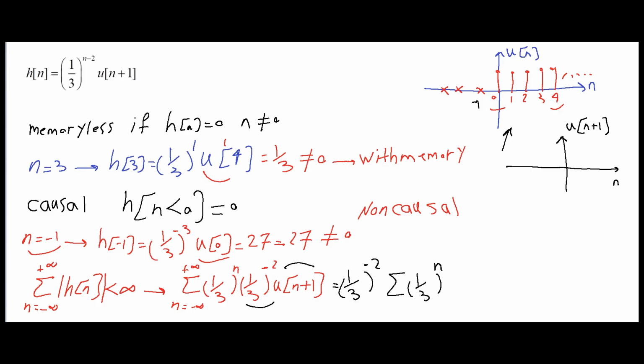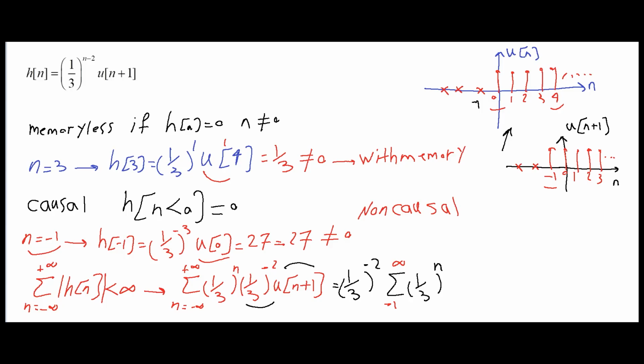That means it becomes 1 starting from n equals -1. And before that, it is 0. So instead of starting the summation from minus infinity, we can start from n equals -1. Therefore, the summation becomes sigma from -1 to positive infinity of 1/3 to the power of n.